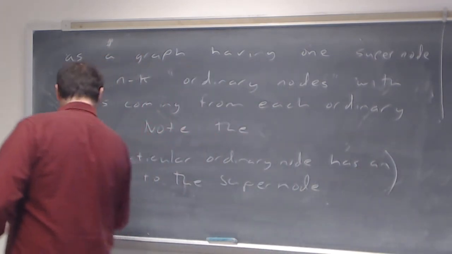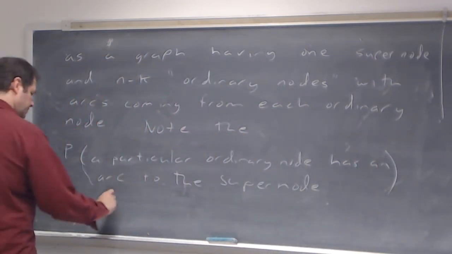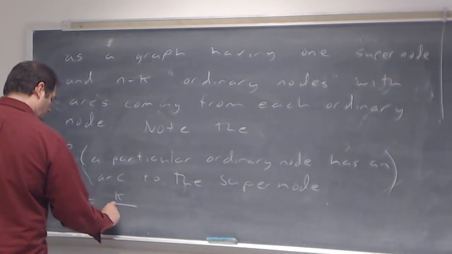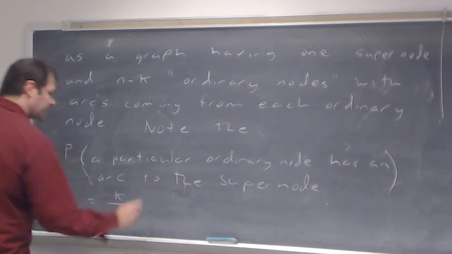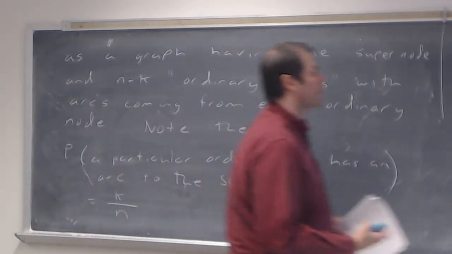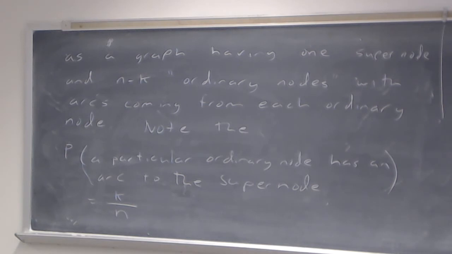That's equal to, okay, so it would be k over n. That's right. Because there are k nodes there in the supernode. And the chance for one of these ordinary nodes to go into any node was 1 over n.